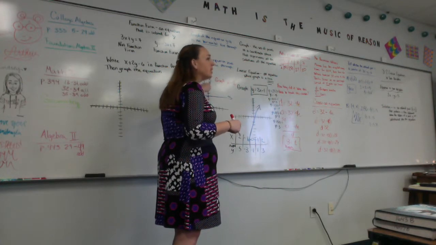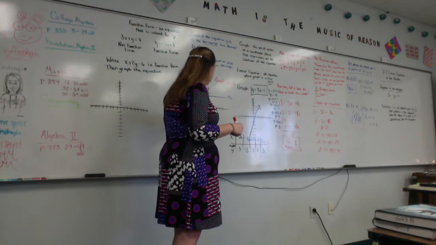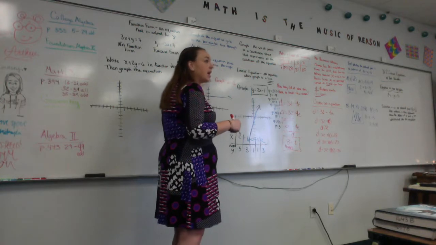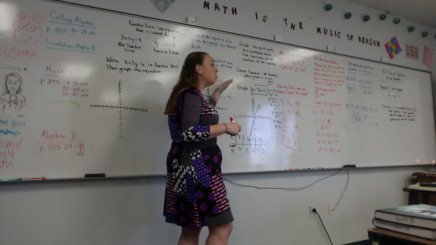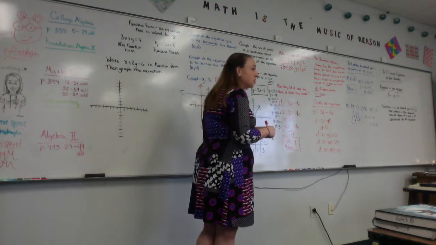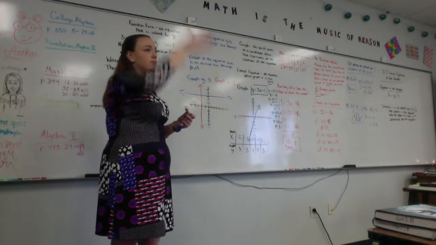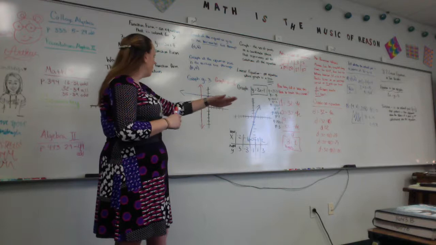Anytime I plug a number in, I'm getting 3 out for my y. There is no x here, right? So I can't plug any x values into that to get y's out. Just like here, I can't plug any y values in to get x's out. It's just what it is. So if it says x equals and there's nothing else, it's a vertical line. If it says y equals and there's nothing else, it's a horizontal line.